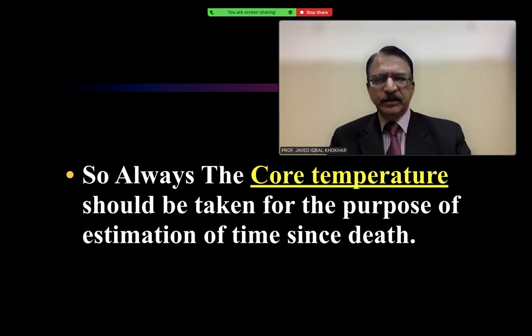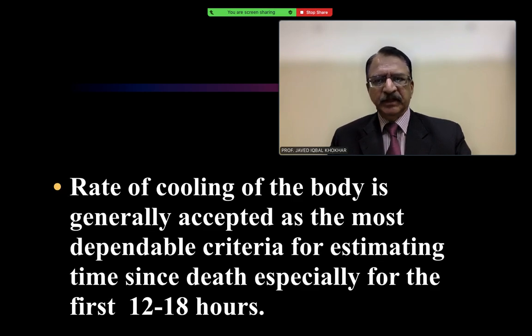So always the core temperature should be taken for the purpose of estimation of time since death. The rate of cooling of the body is generally accepted as the most dependable criterion for estimation of time since death, especially for the initial 12 to 18 hours.